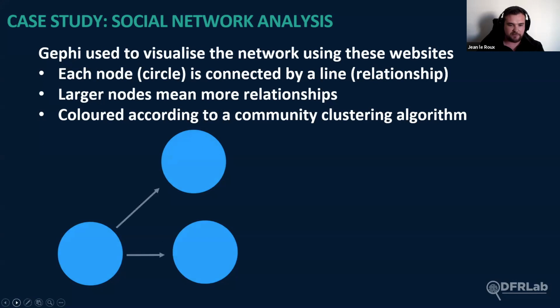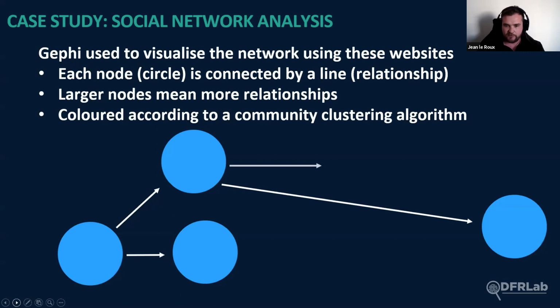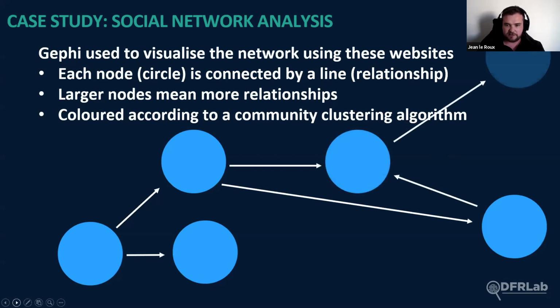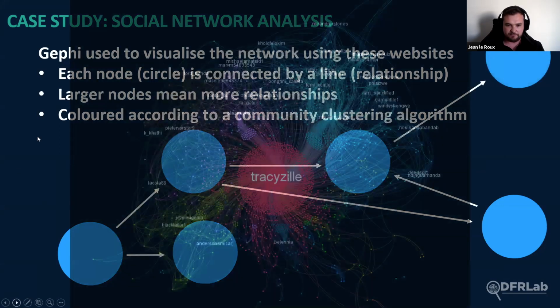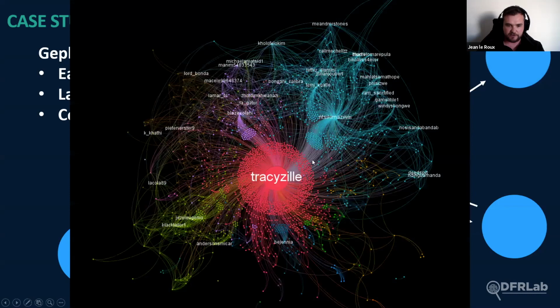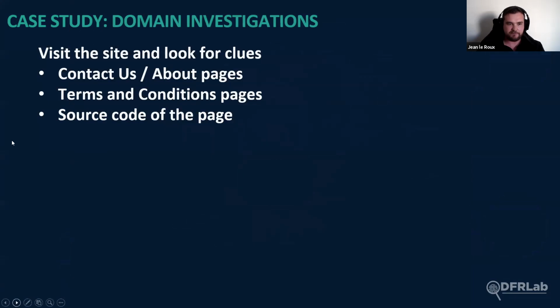And this is basically what it is. You link these two, which links to a third, which links to a fourth. And as you build up this image, you eventually get this network with Tracy Ziller sitting at the center of it. I did the same thing then for the websites to get an idea of who's linking and who's retweeting those websites.